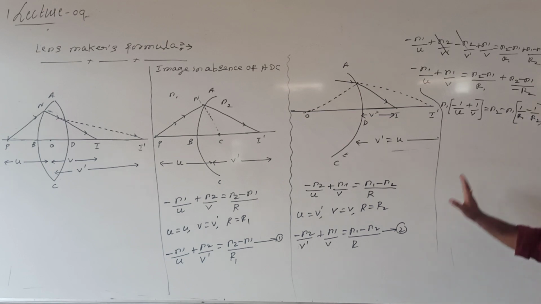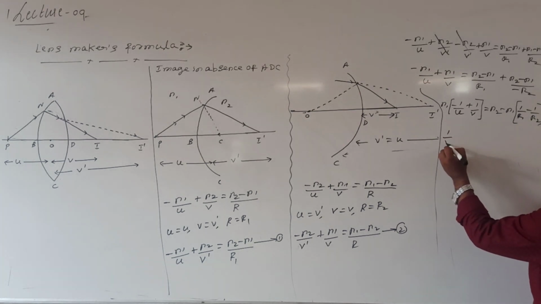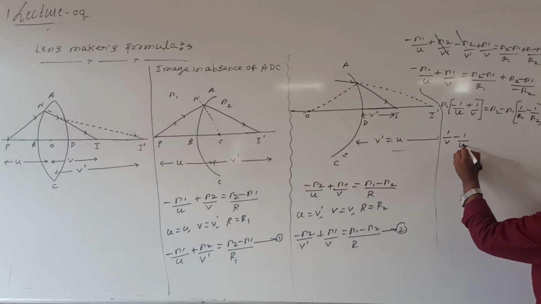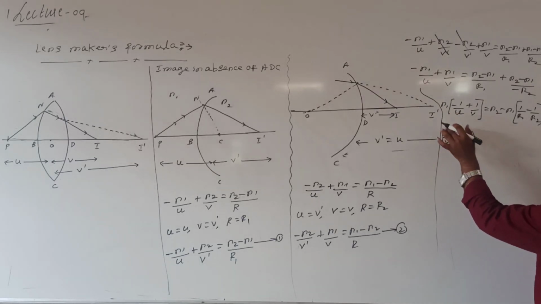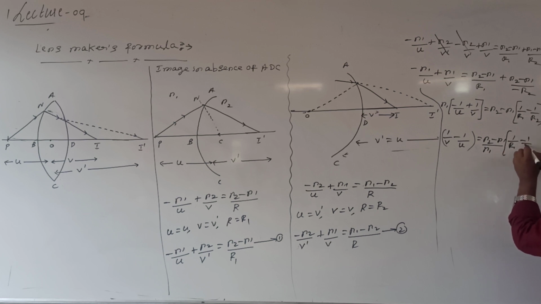Or else I can write like this: 1 divided by V minus 1 divided by U. N1 bring this side, is equal to N2 minus N1 divided by N1 into bracket 1 divided by R1 minus 1 divided by R2. Or else we know the lens formula. What is the lens formula?